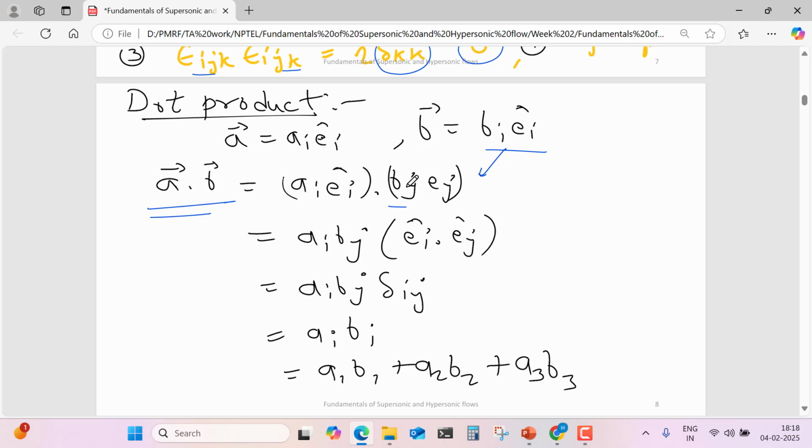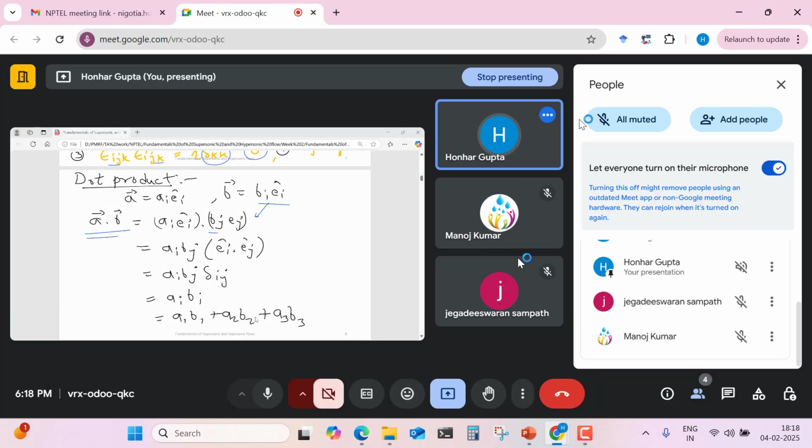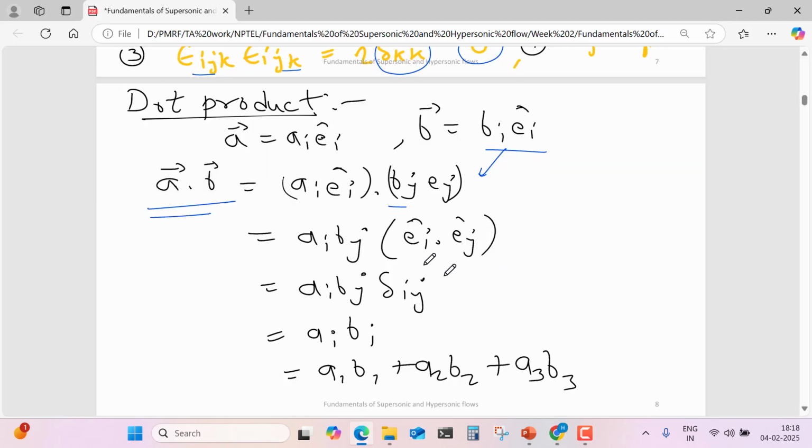We can multiply ai and bj because they are only scalars, and ei and ej both are vectors, so we have to take the dot product of them. And ei dot ej equals del ij, so it will come as ai bj del ij.